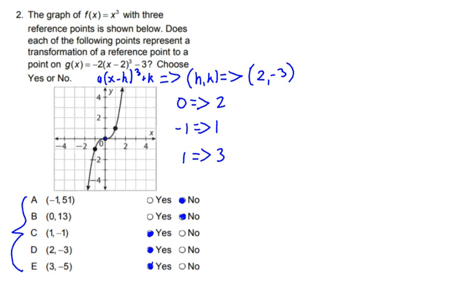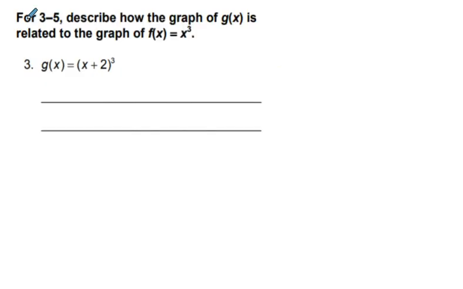Okay, let's go ahead to problem 3. Describe how the graph of g of x is related to the graph of f of x equals x cubed. Again, the general form is going to be f of x equals a times quantity x minus h cubed plus k.